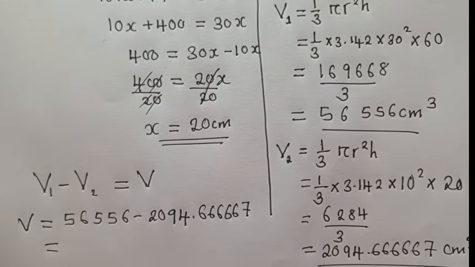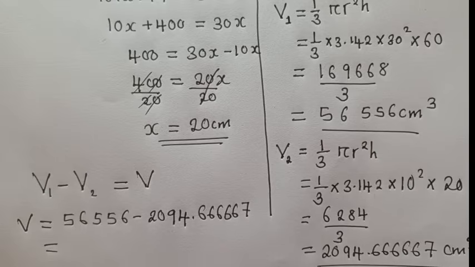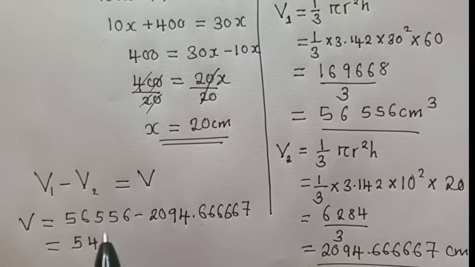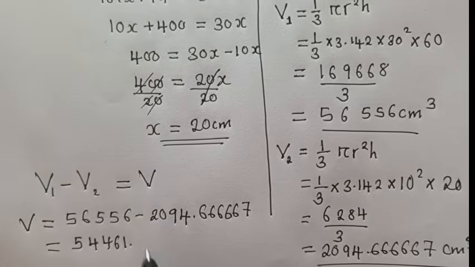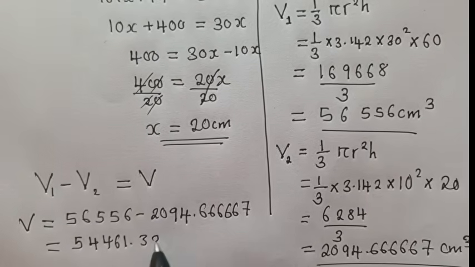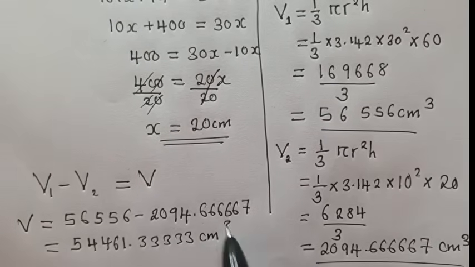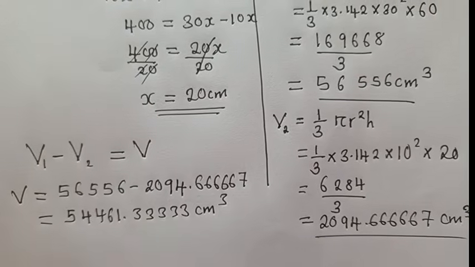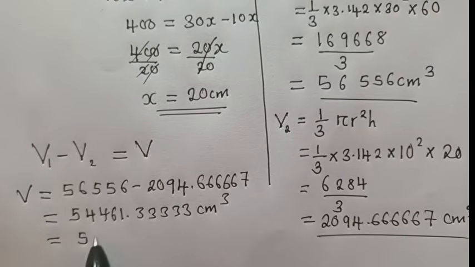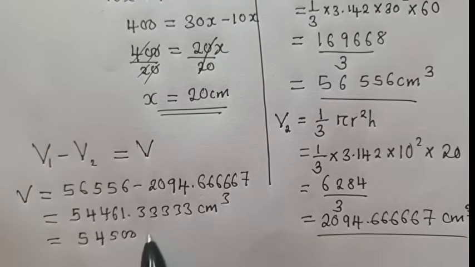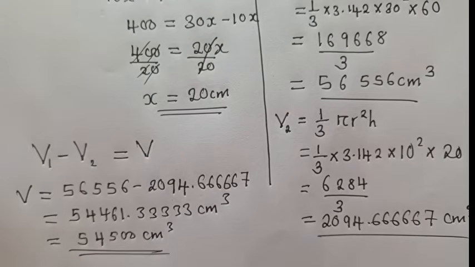When we punch on our calculator, the answer we are getting is 5,461.3333 centimeters cubed, which we can write in 3 significant figures if you want. This is our answer right here.